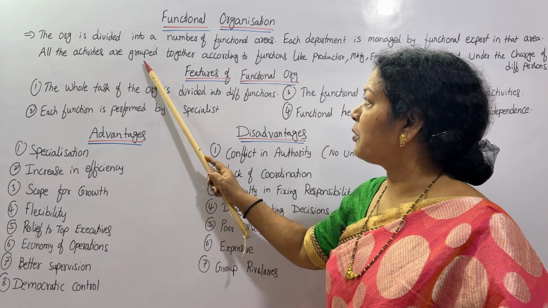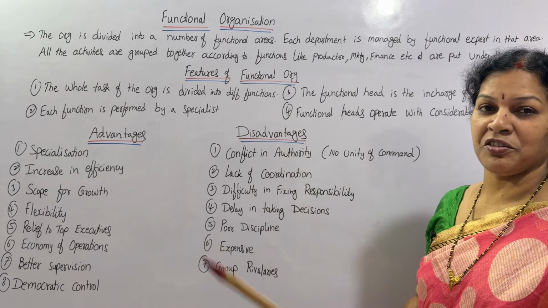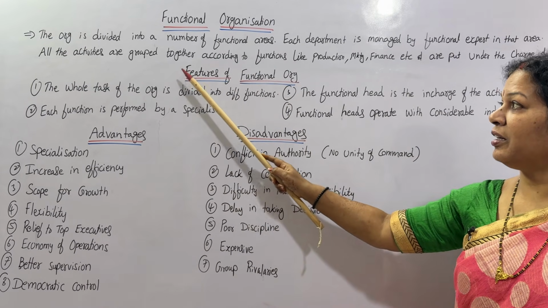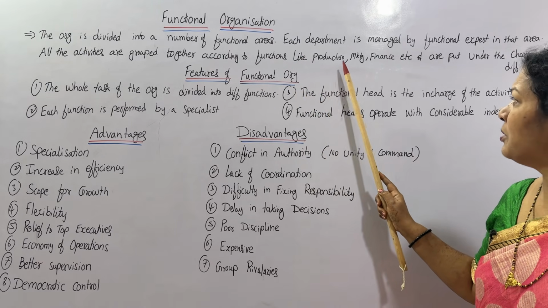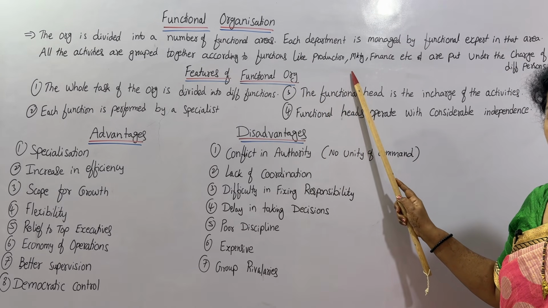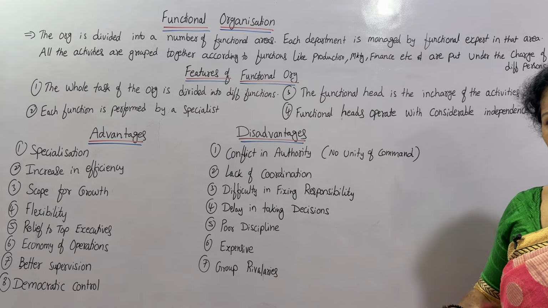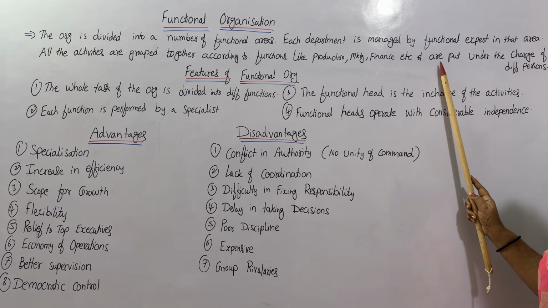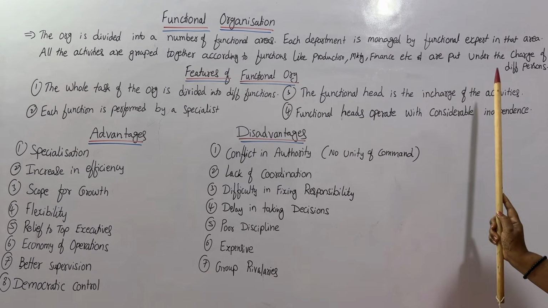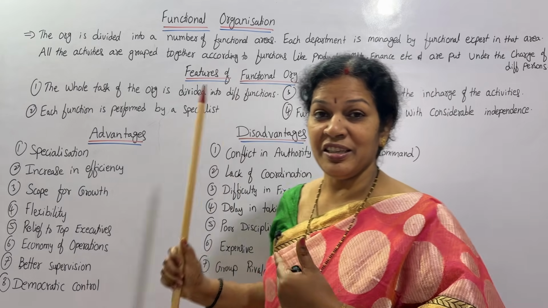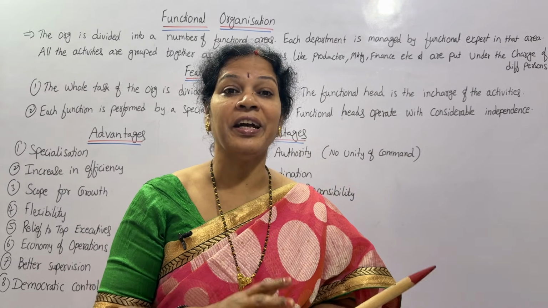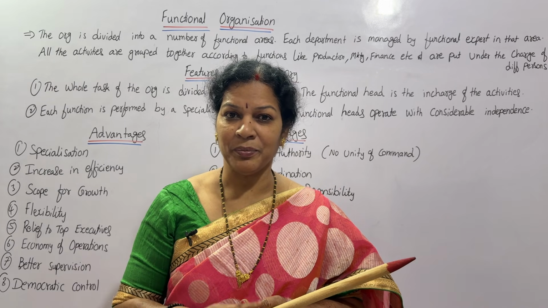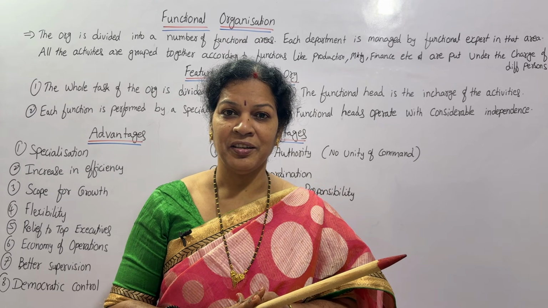All the activities are grouped together according to functions, like production, marketing, finance, etc. These departments are put under the charge of different heads: finance head, marketing head, HR head, production head.